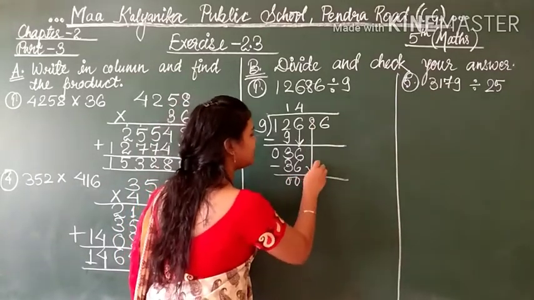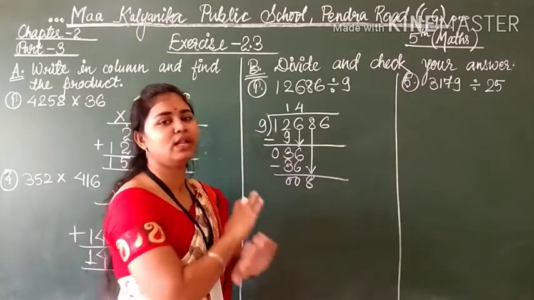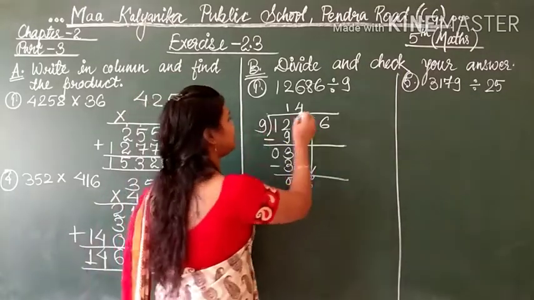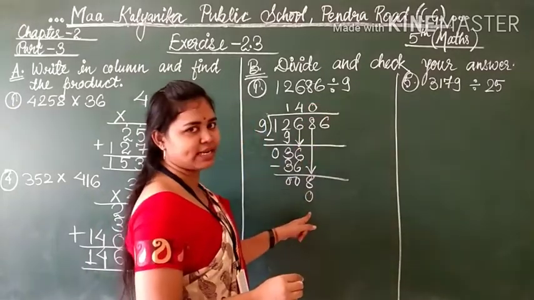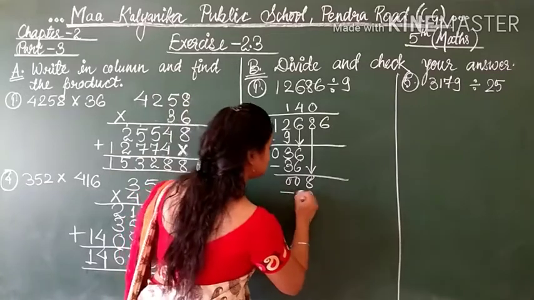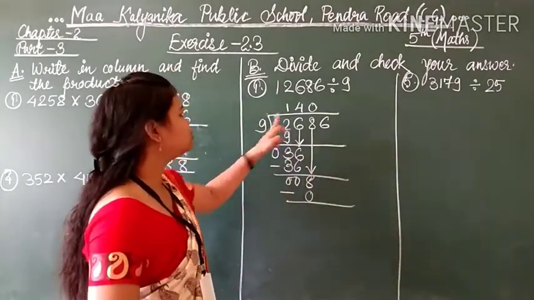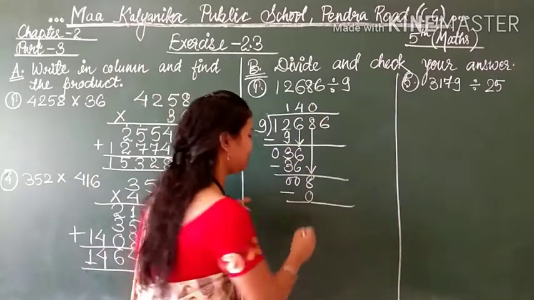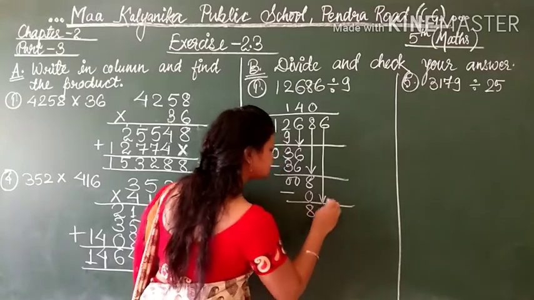Now carry down 8. Of course, in the table of 9, 8 will not come. So 9 zeros are 0. Why? Because only one digit we can carry down, the rest we cannot. See here, for your convenience I am telling this procedure. Okay. So 9 zeros are 0. So now 8 is there. Now we can take the next number as 6 here.